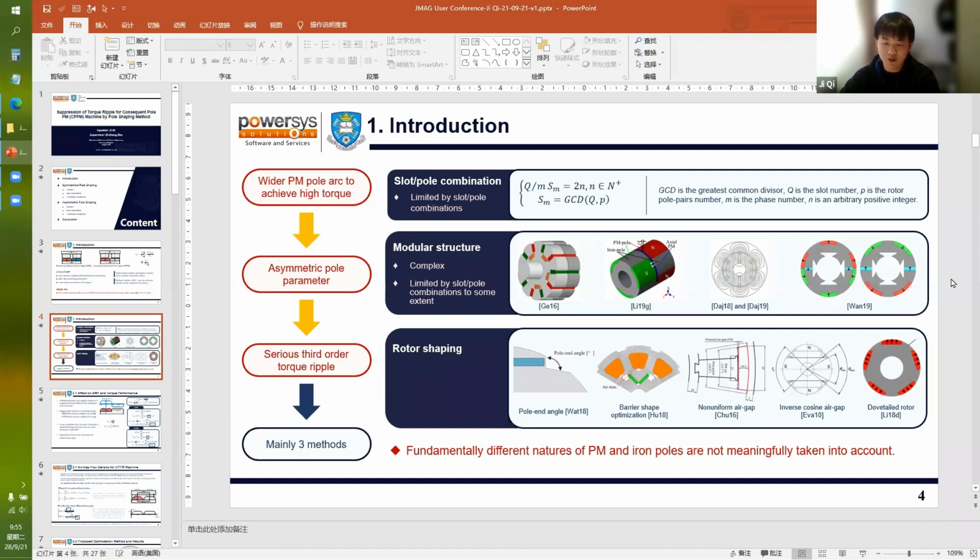But on the control side, we can see we have the even order harmonic of back EMF, and it will lead to even order harmonics in the current. That will in turn cause more torque ripple in the real application. So I need to reduce the unbalanced back EMF, and I want to reduce the torque ripple here.